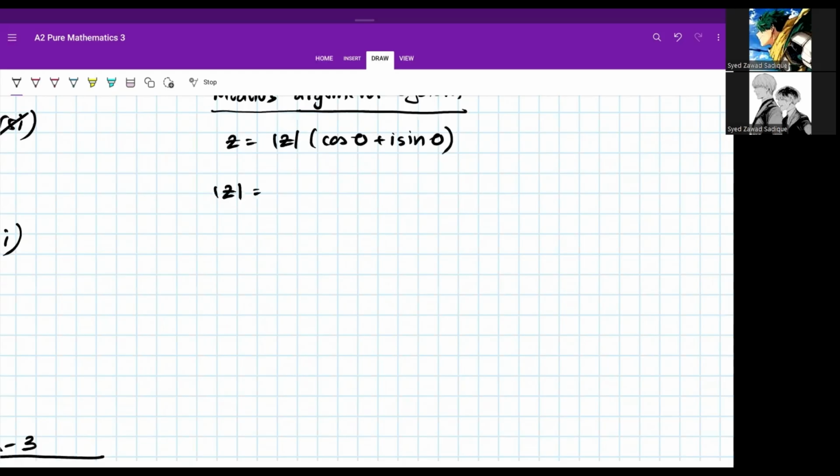Modulus of z is equal to the square root of a squared plus b squared. In this case, it is the square root of 3 squared plus 4 squared, which is equal to 5.